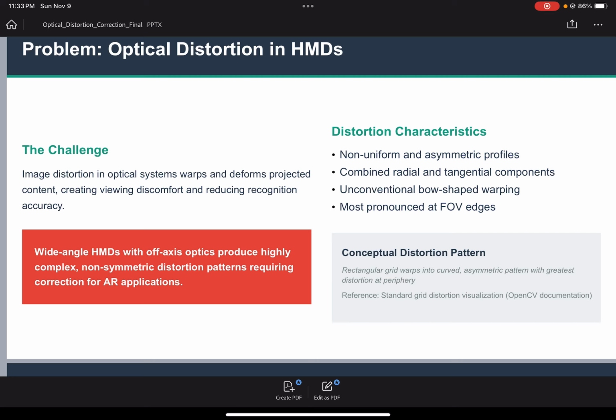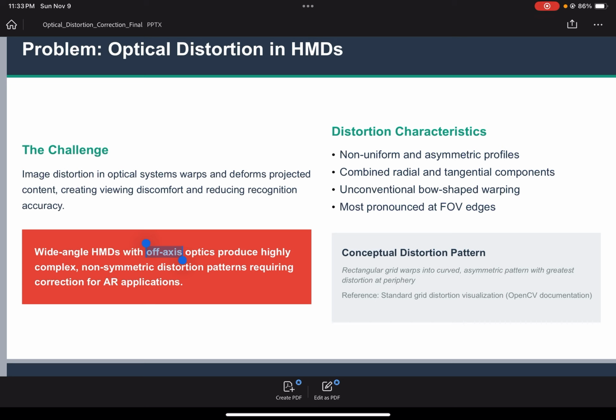And we have the off-axis term here. When we say off-axis optical system, we mean an optical configuration where light travels at angles rather than straight through lens centers, creating asymmetric distortion.